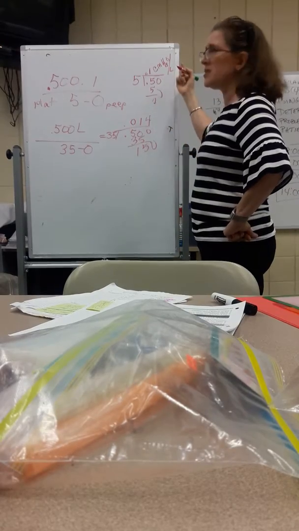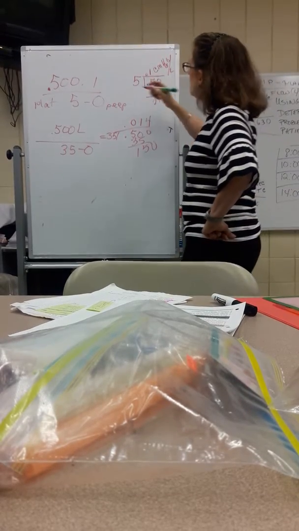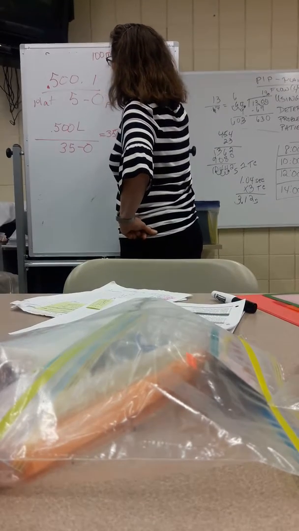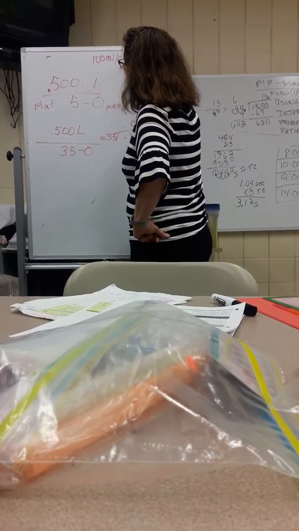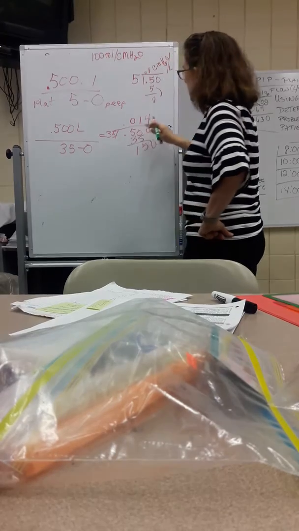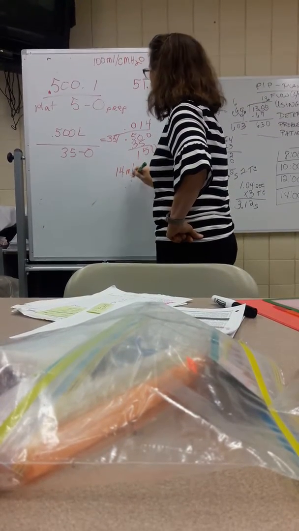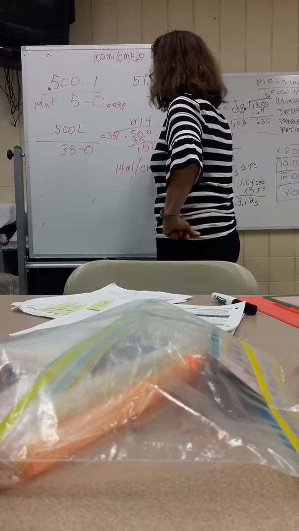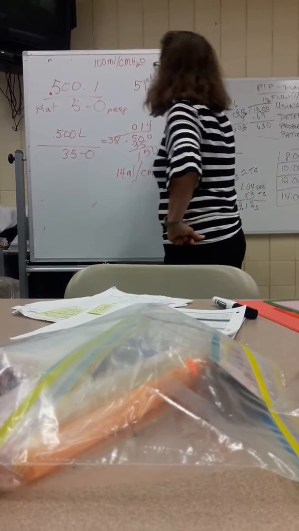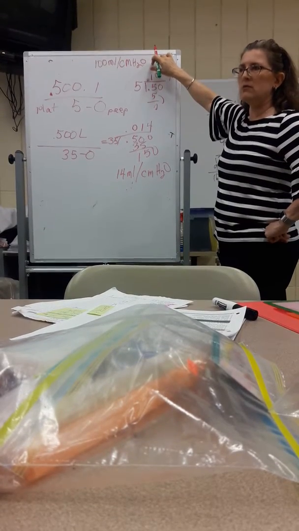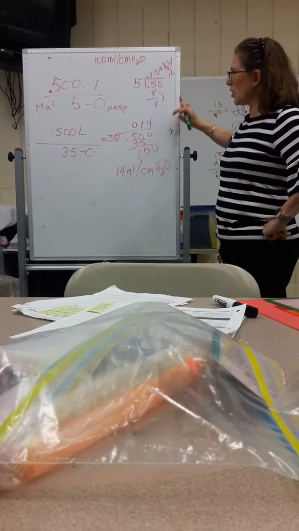On the vent, 0.1 liters is 100 milliliters per centimeter of water, and this one converts to 14 milliliters per centimeter of water.